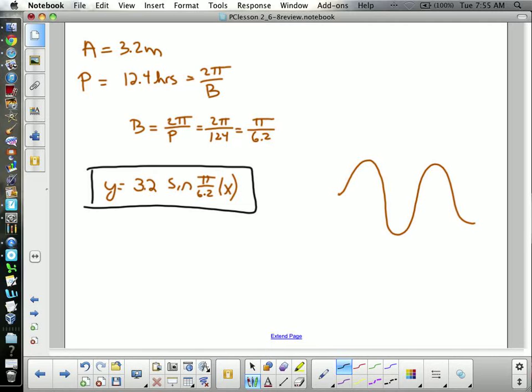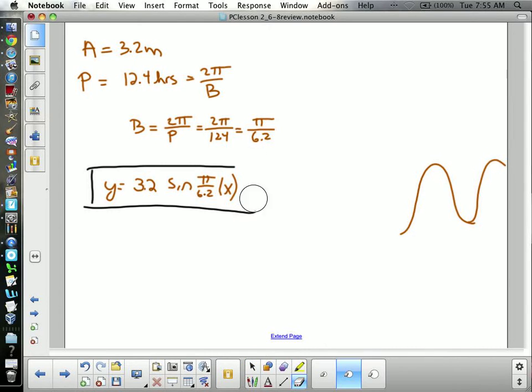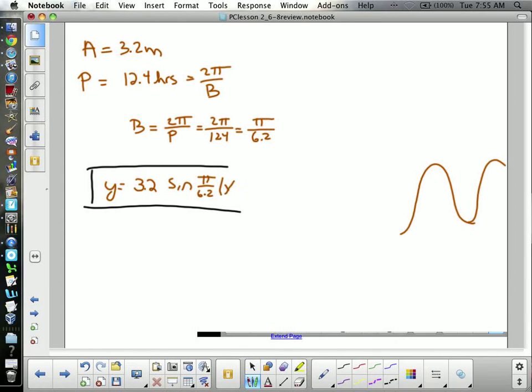Can you show how we would do that? Sure. If we did want to start at low tide, we'd start our curve at low tide here, and then up and down. The only thing that would be different is we'd take our period, which is 12.4 hours, and divide that by 4, because we want 1/4 of the period.